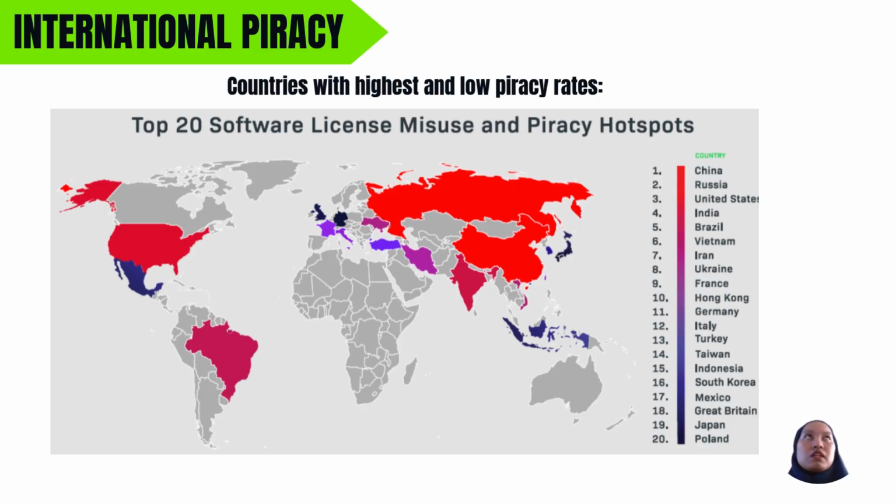For example, China. We know that China has a large population of smartphone users and a significant market for Android applications. But due to factors such as restrictions on Google services and the availability of alternative app stores with pirated apps, Android app piracy is very high in China.